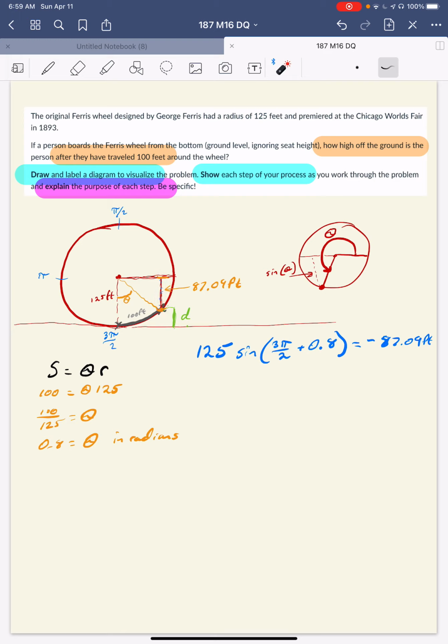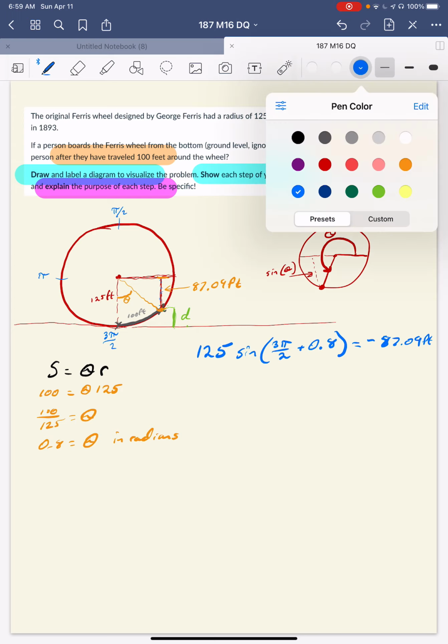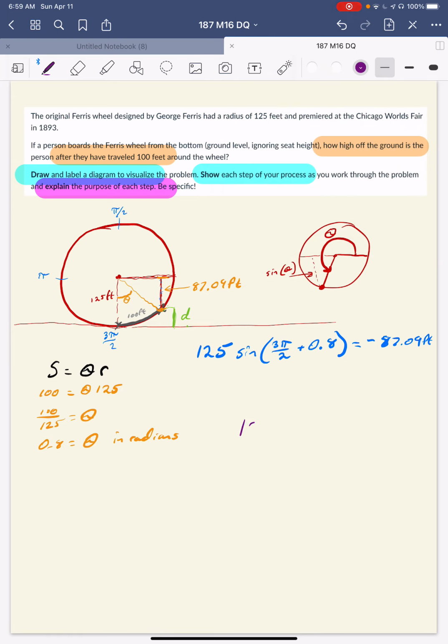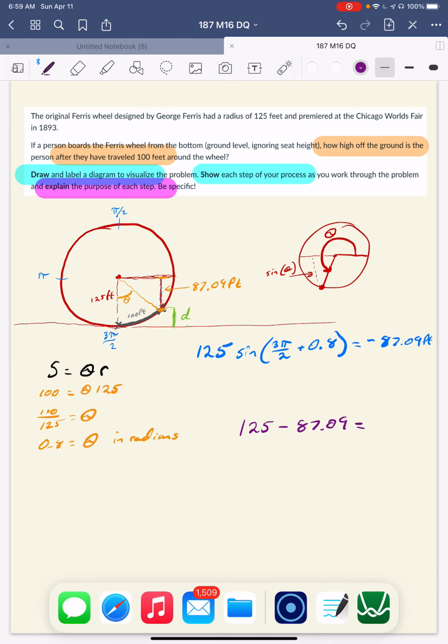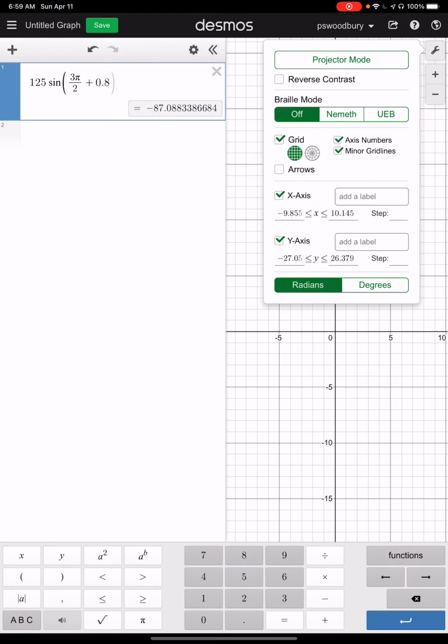We need to find out the distance from where the person's sitting to the ground. The total distance from the horizontal is 125. So now at this point, I can take the 125 feet and subtract from that the 87.09, and that would give me the distance that I am above that ground level.